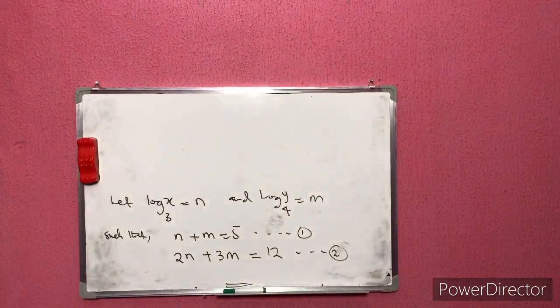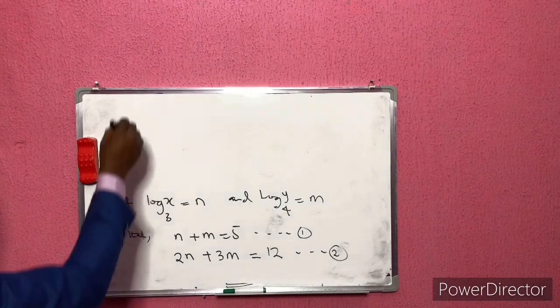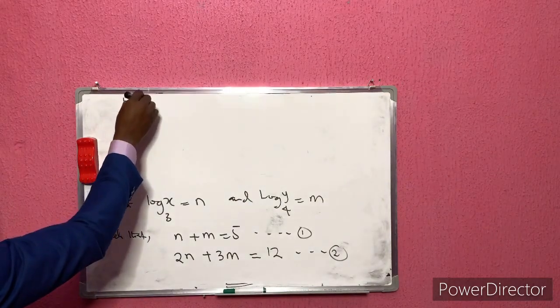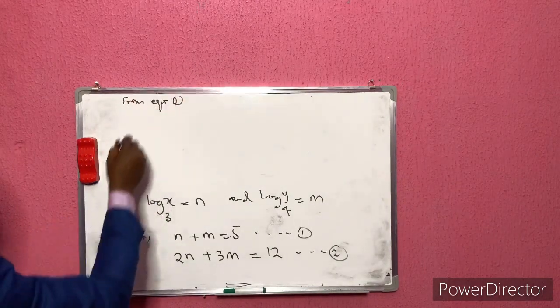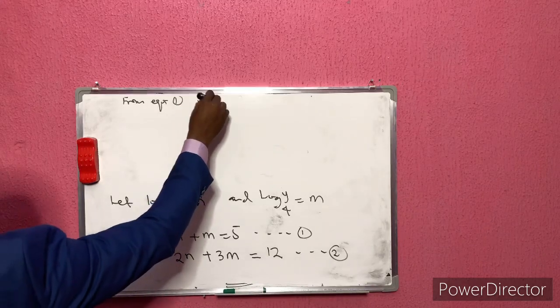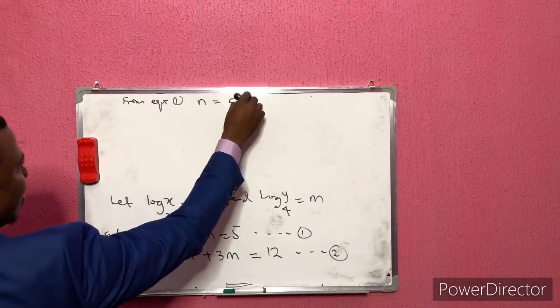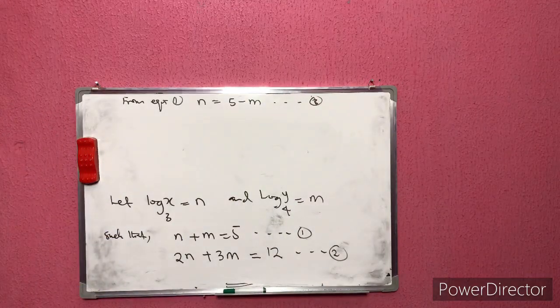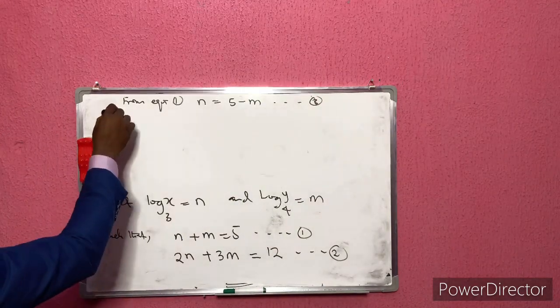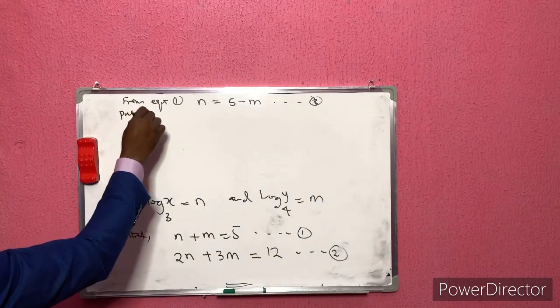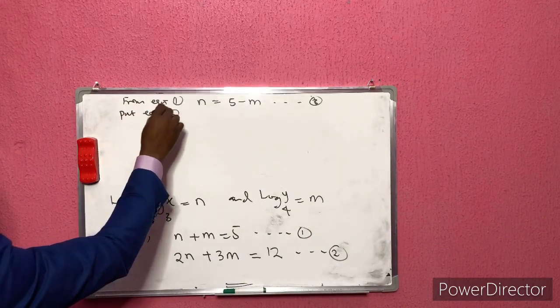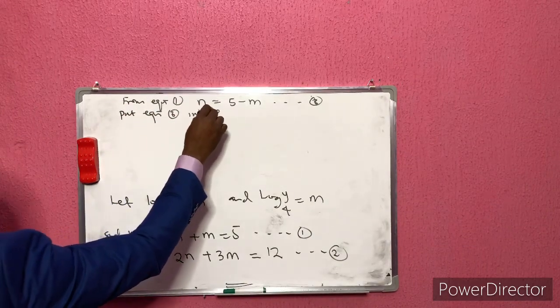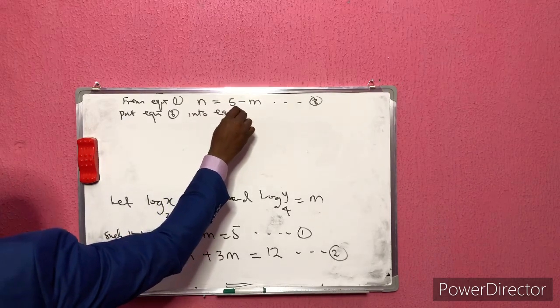Look at this. From equation 1, n is 5 minus m, equation 3. Put equation 3 into equation 2.